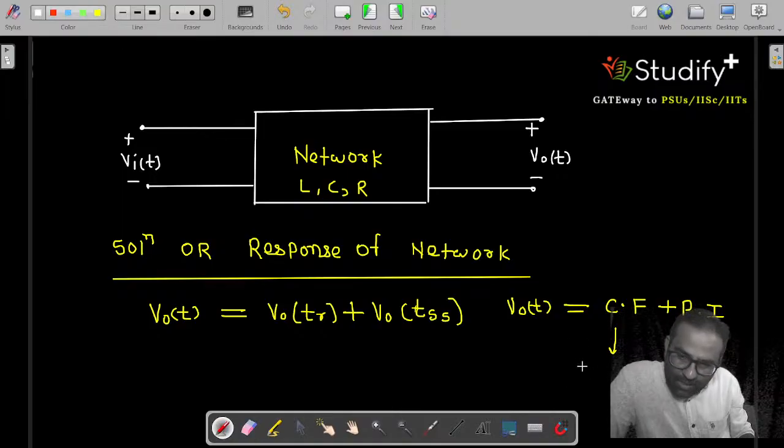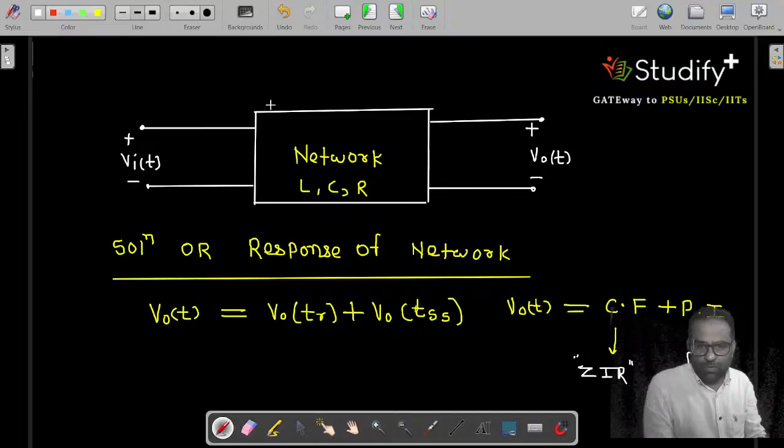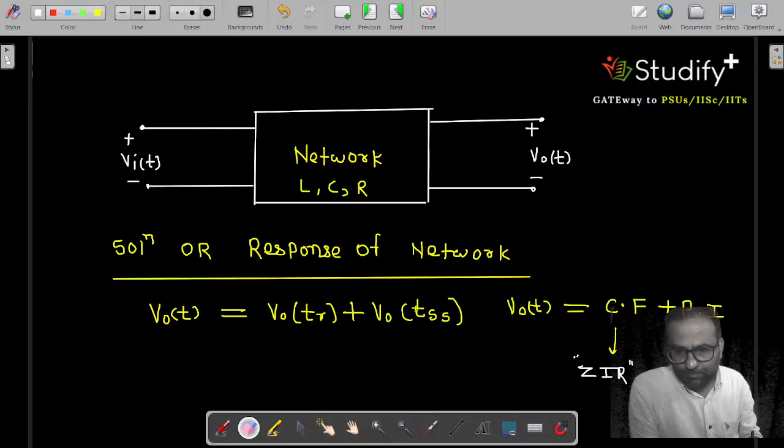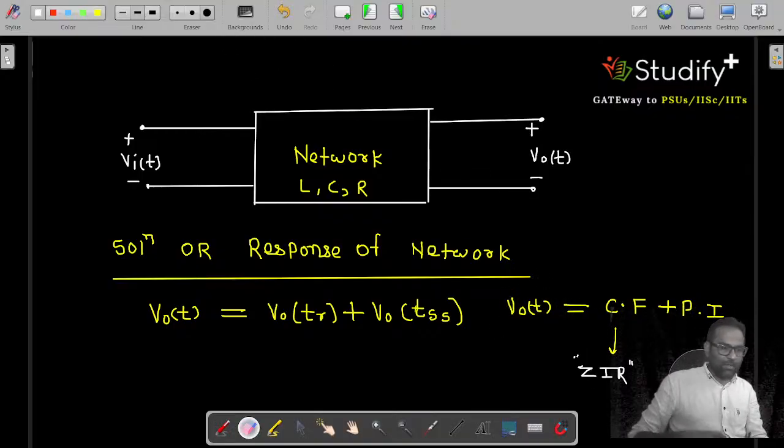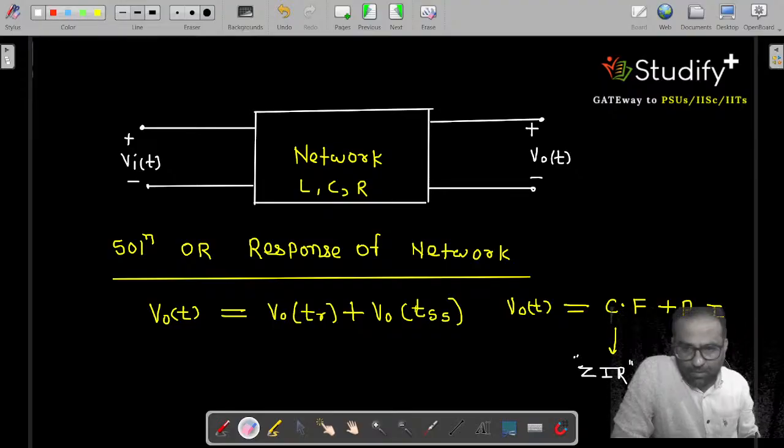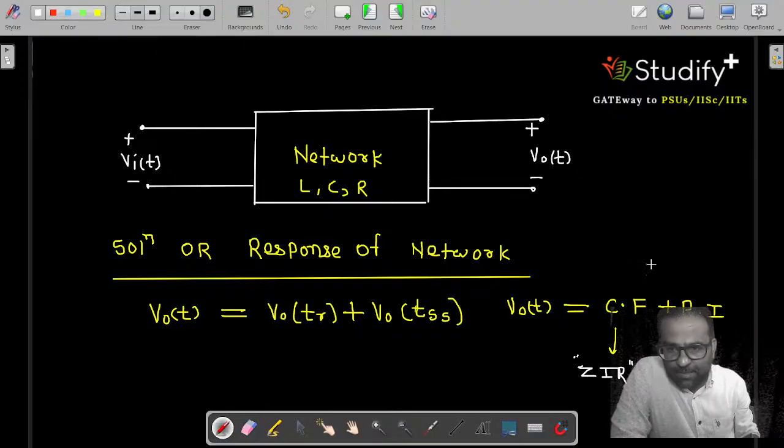Response due to initial conditions, ZIR. And what do we call this? We call this forced response. I hope this is clear. Let me write it here. We call this PI as forced response.